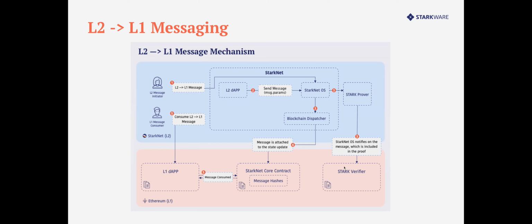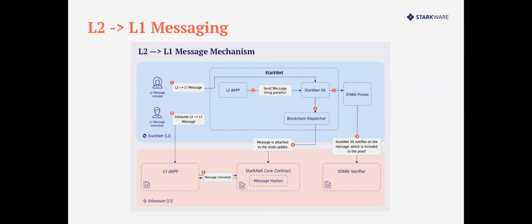Also checks that the block was indeed proven correctly by the verifier. And then in however much time, the person who sent it can come and consume it. It is not sitting there for any limited time. It is stored in a hash map on the core contract, and then you need to provide the correct information, which is the same information you sent on L2, to consume the message on L1.